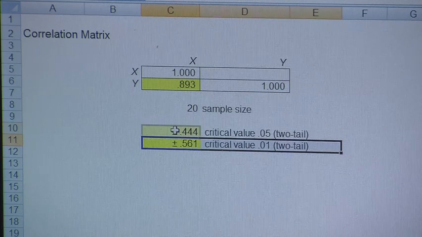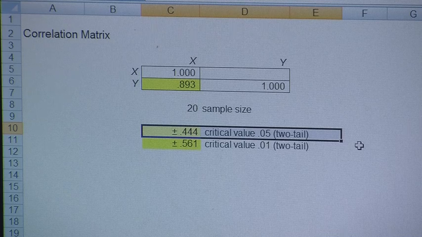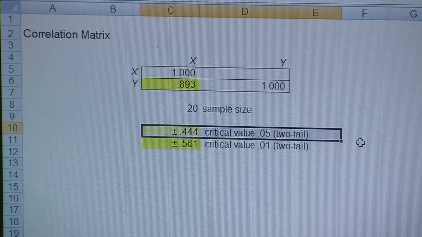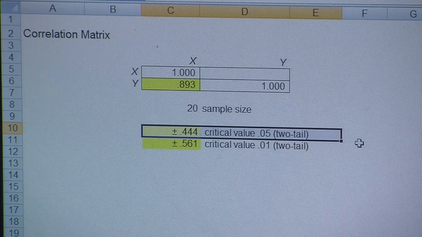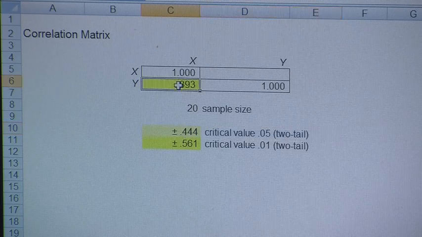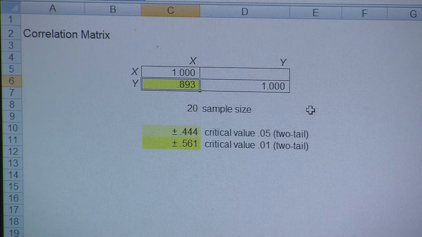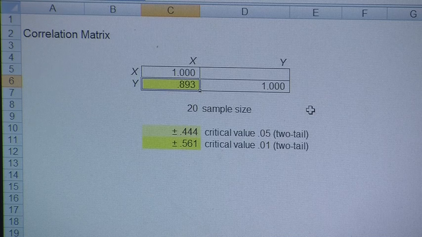We're going to focus right now just on the 0.05 level. What this tells us is that anytime there's a correlation, in an absolute value sense, in our correlation table that has a value of 0.444 or above, those two variables are statistically significantly correlated with one another.